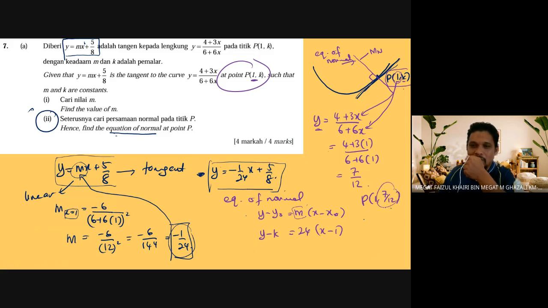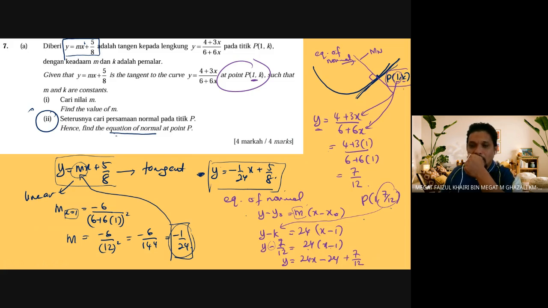Now we can use this value of y. We substitute it here. So then y minus 7 over 12 equal to 24 times x minus 1. So from here, y equal to 24x, 24 times negative 1 is negative 24, and negative 7 over 12, bring to the other side, become positive, so plus 7 over 12.